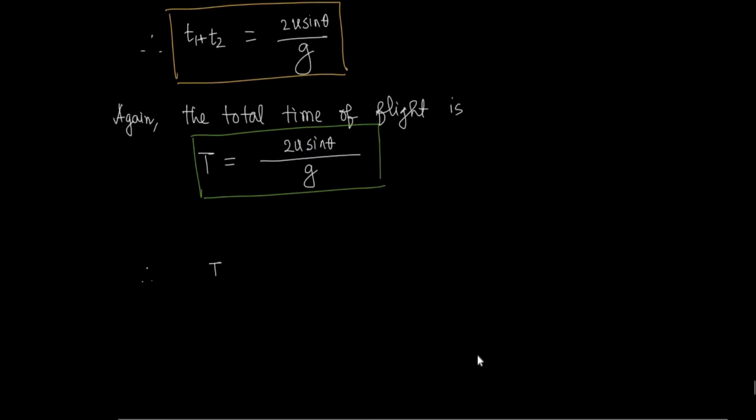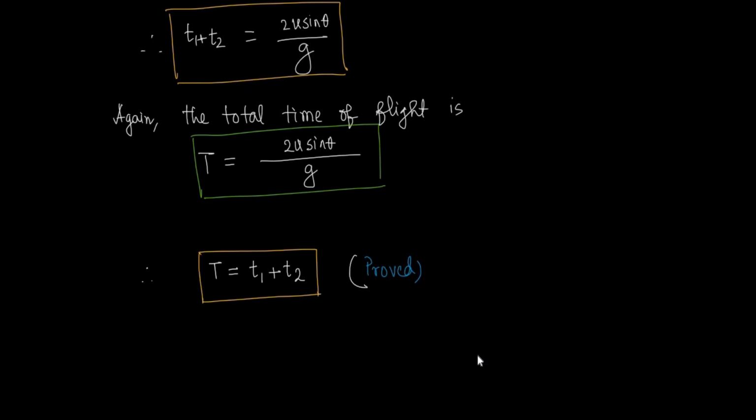Therefore, we can say that capital T is equal to t1 plus t2. Hence proved. That means the sum of these two timings at which the projectile attains the same instantaneous height will be equal to the total time of flight.